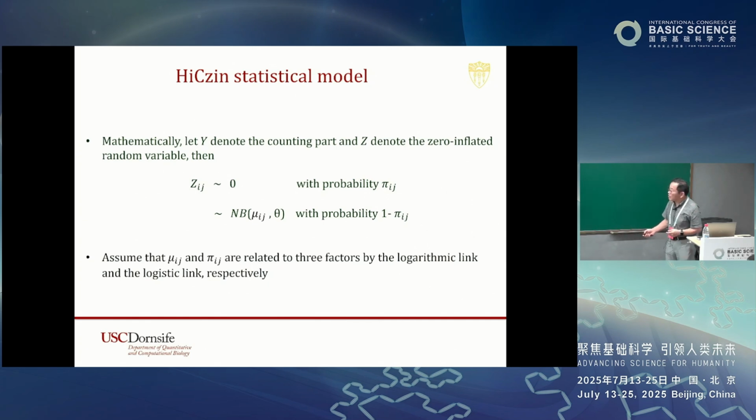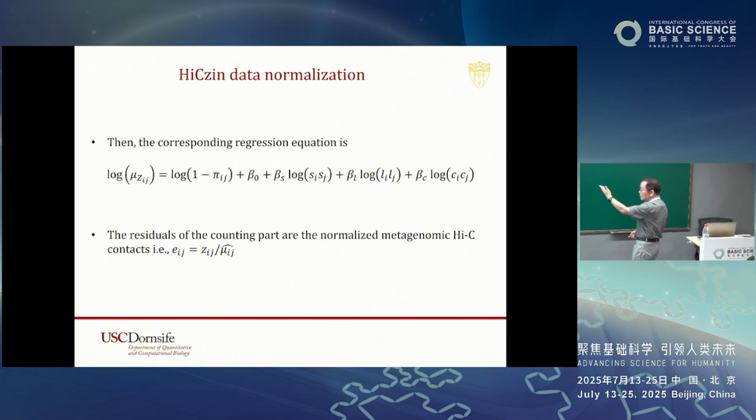For this case, after we do some mathematical analysis, what we get is here. The expectation is bounded on this, and then we fit those models using our real data. After we estimate those parameters, the pi and the beta, we can calculate for any pair of sequences, contigs, the expected count of the number of high-C links.